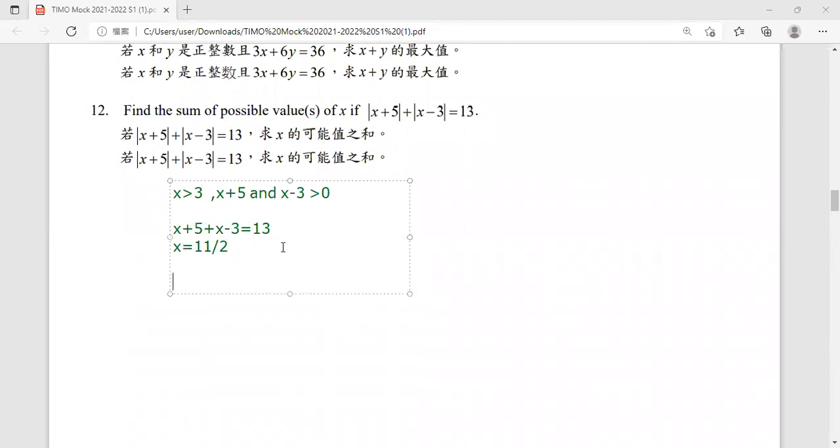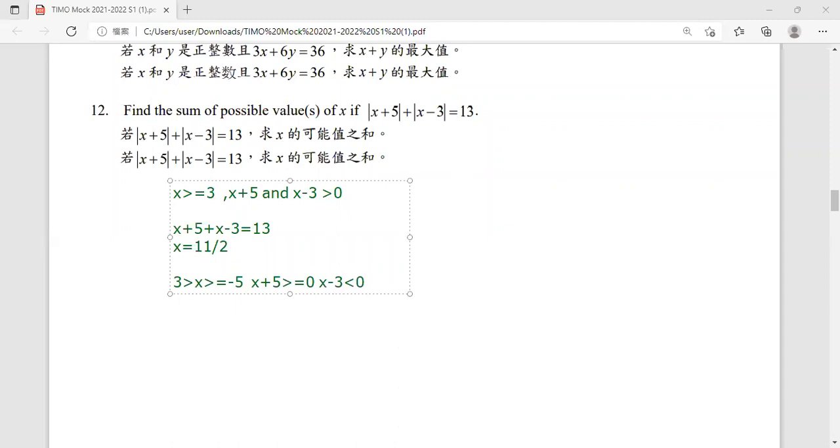And next case. x is, I think, greater or equal to -5. Then x plus 5 is smaller than 0, but x is greater or equal to 0, and x minus 3 is more than 0.